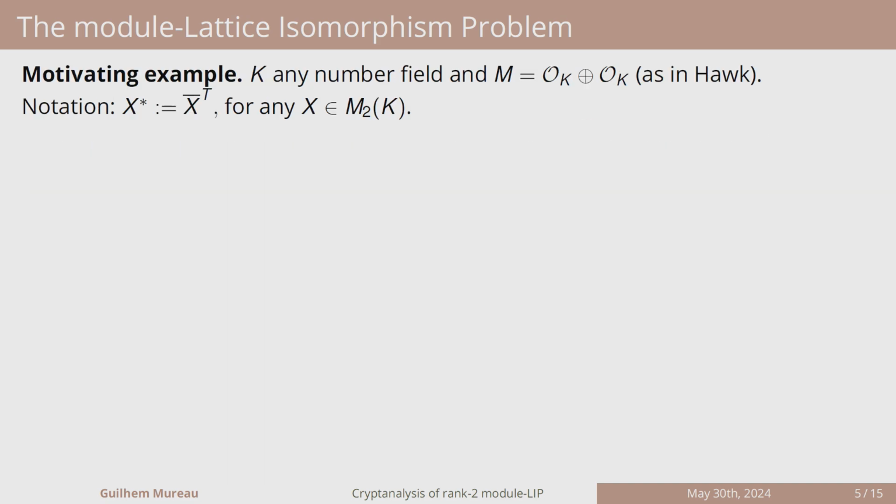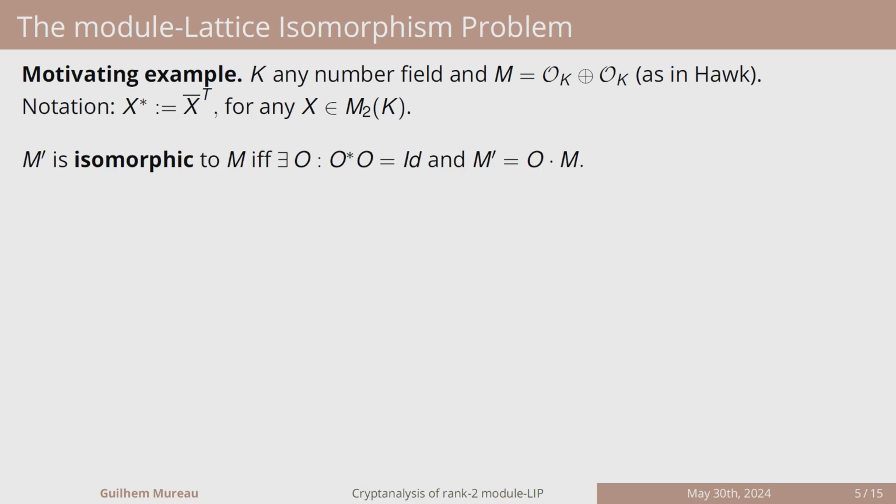Let me define module LIP on a motivating example. I took K a number field and M two copies of the ring of integers. I fix the notation X star is transpose and conjugate. This is maybe a bit technical, but you only have to keep in mind the final statement of this slide.